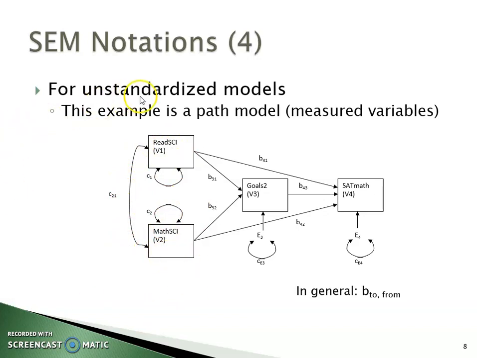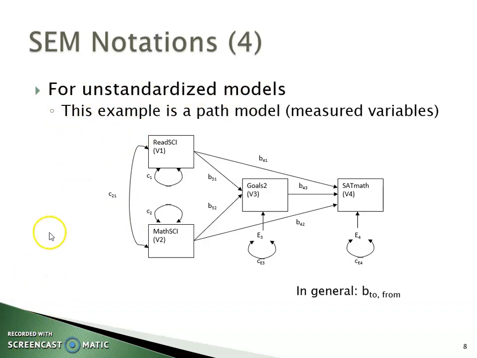When you have an unstandardized model, the path coefficients are labeled with letter B. The numbers in the subscript represent from which variable they start, at which variable they end. So B for 1 is the path coefficient pointing to V4, starting from V1.